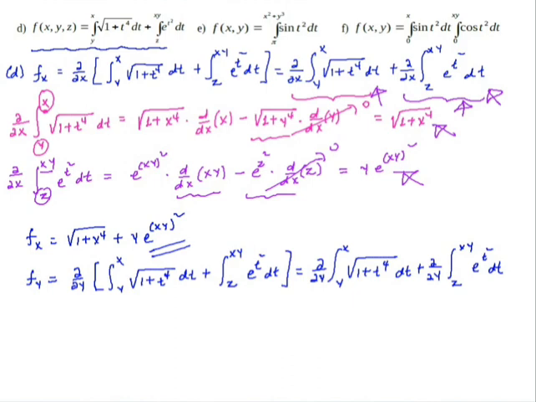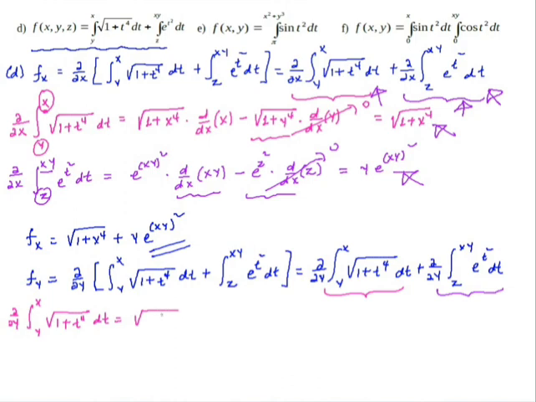As we did for fx, here I'll use a different color. We evaluate this integral, and we evaluate this integral separately, using the fundamental theorem of calculus for two variables. So the part I underlined in red, the partial derivative of the integral from y to x radical 1 plus t to the power of 4 dt, what does this become?